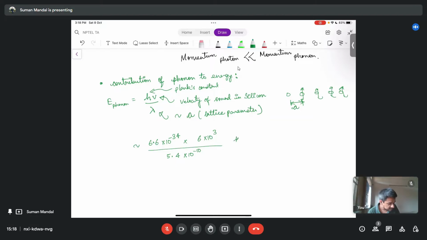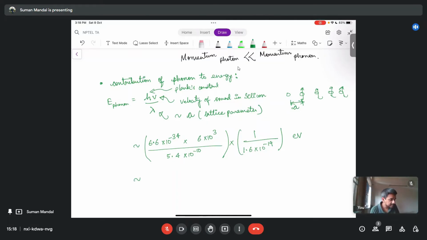Oh, sorry, this is in joules, so we have to convert into eV. If you multiply by 1.6 into 10 power minus 19, you will get it in eV. This is the energy of a phonon.